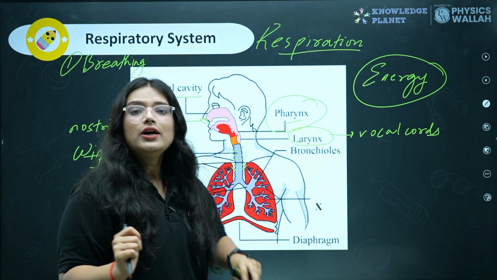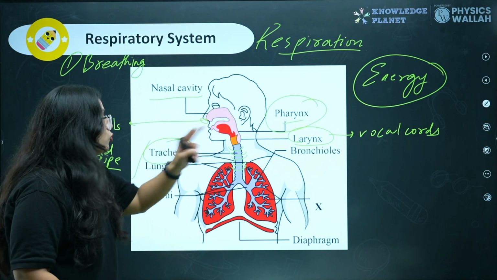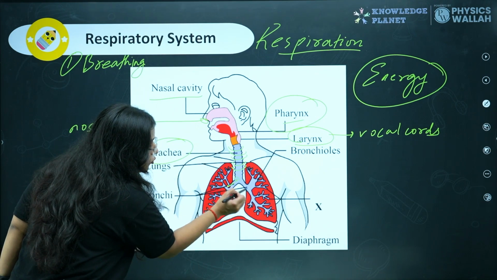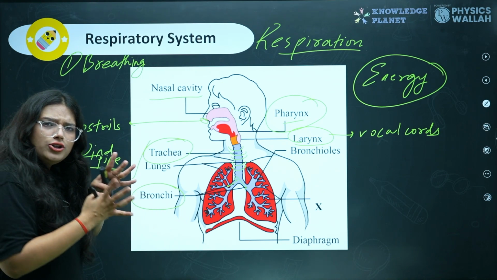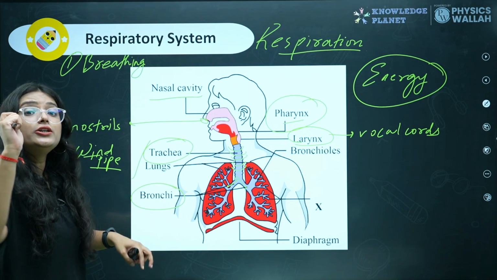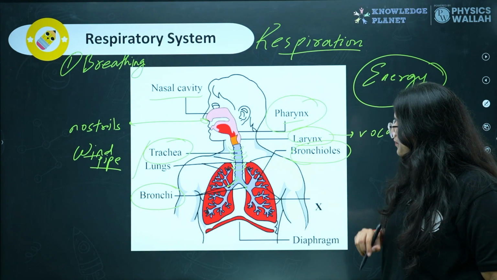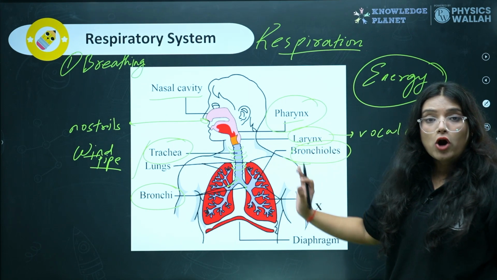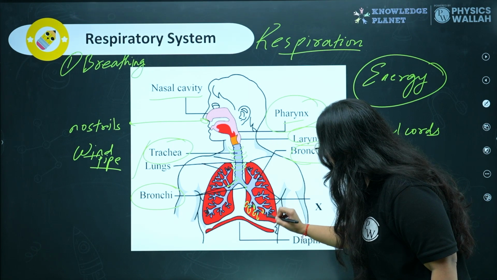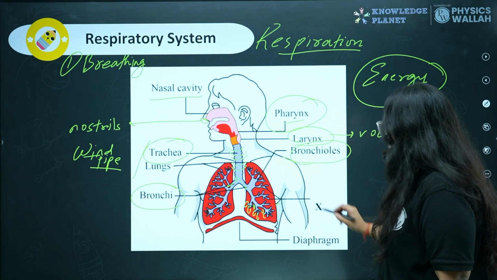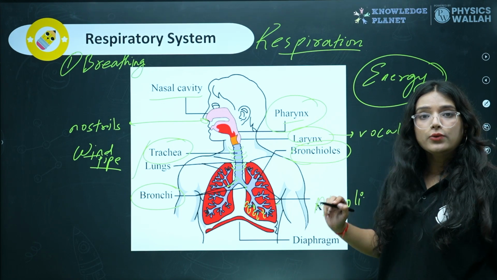Similarly, the trachea branches out into two tubes, known as bronchi. These bronchi further branch out into smaller thin tubules, known as bronchioles. On the tips of these bronchioles, you will see sac or balloon-like structures, known as alveoli.